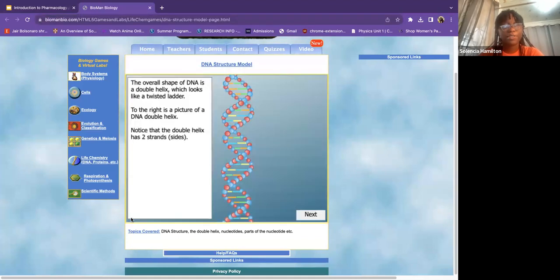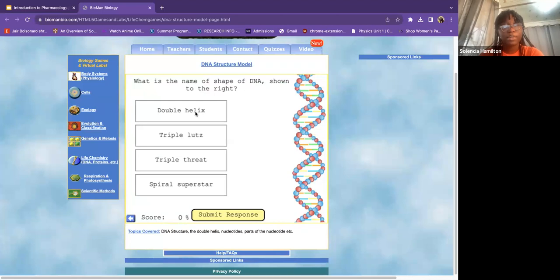Okay, I have to go back. So we said that DNA is a double helix. So it's spiral in shape, and there's two spirals, hence double, and helix, because it's like a spiral. So this answer would be double helix.